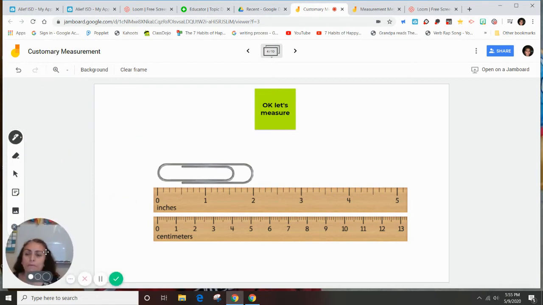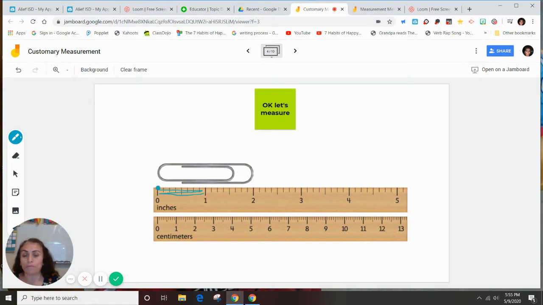It's going to be when we start from 0. My ruler starts from 0, and that means that this space right here, this space that I'm coloring, is going to be a whole inch. So I will call it a jump.